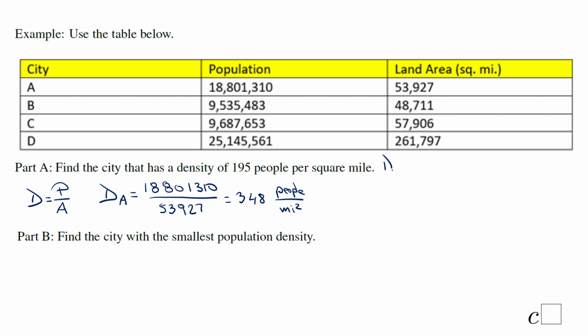Well, let's do the same thing for city B. To find the density of city B, we're gonna divide 9,535,483 by the land area, 48,711. Let's not put a comma, because on the other one I did not put a comma. And let's see how much this one is.